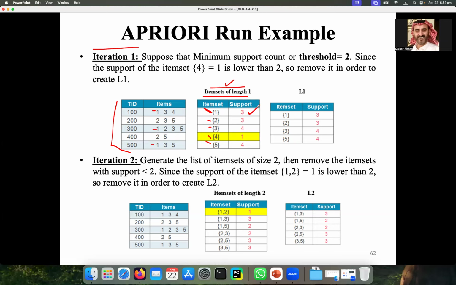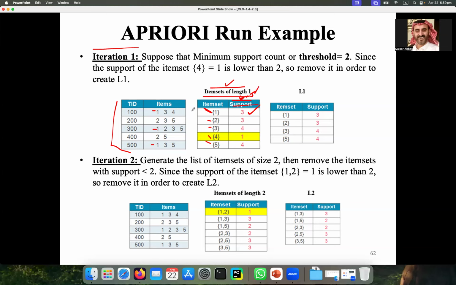So this label, support, may be misleading you, and you can replace it with the count if you want. Because support is the probability value, and confidence is the probability value. So you can relabel it if you want.